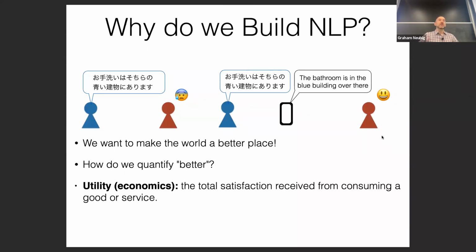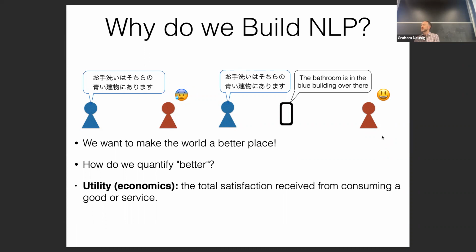Another way we can think about it is from the point of view of something called utility, which is the total satisfaction received from consuming a good or service. It's an idea from economics. So probably the fact that everybody is going out of your way and using Papers with Code, or at least browsing their site, indicates that it's making your life better in some way, but it's very indirect.